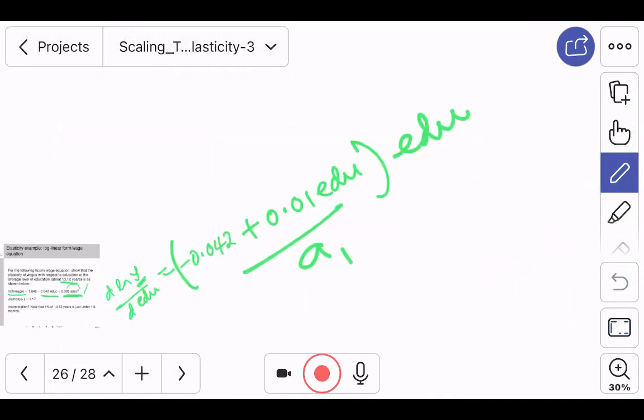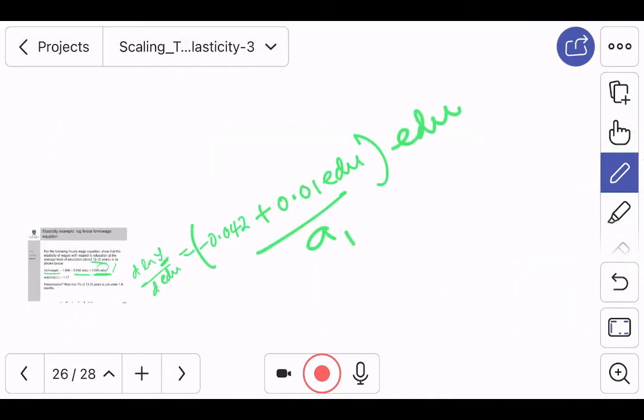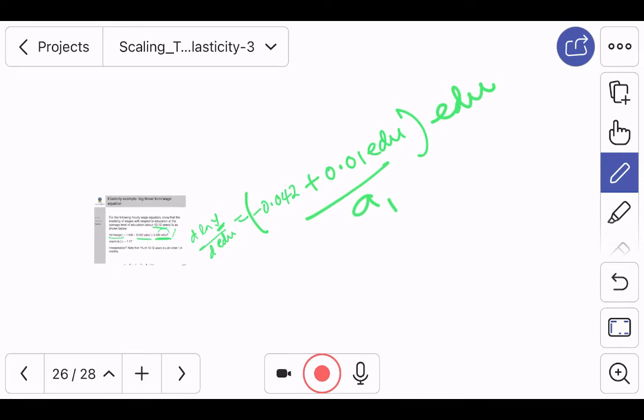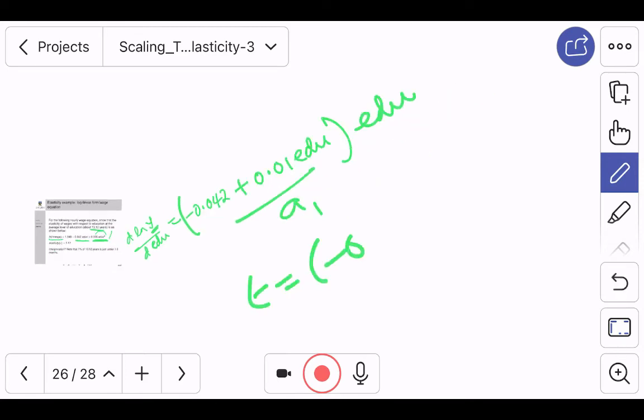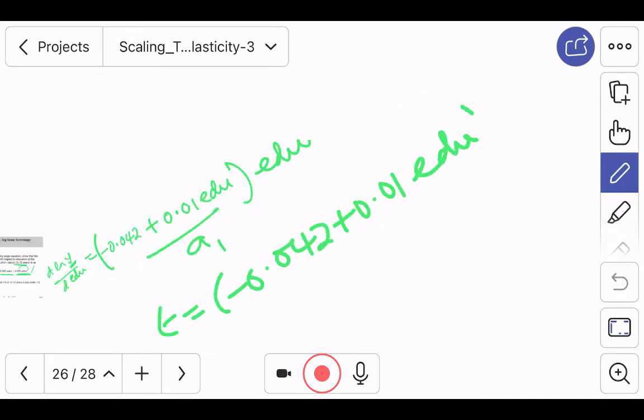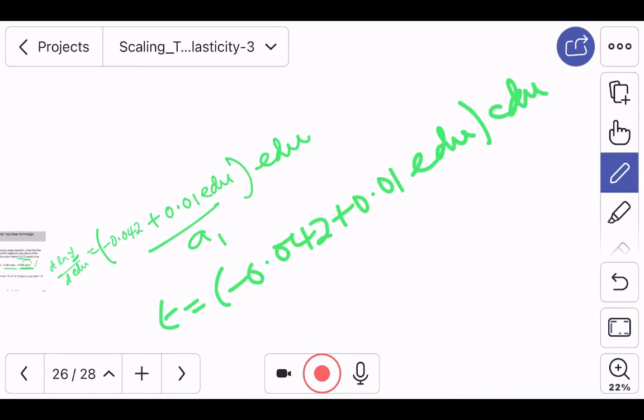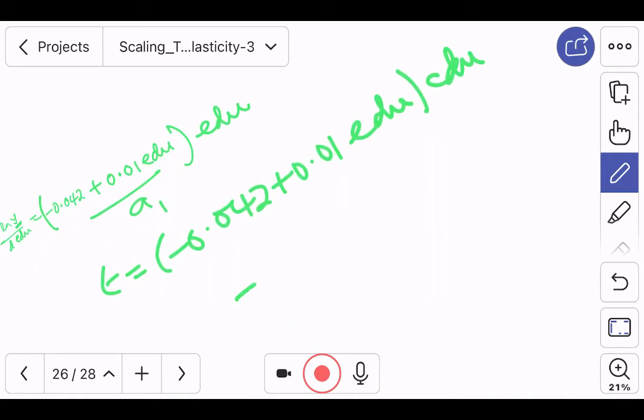So we go back to this one. So that's what we have. Elasticity is going to be minus 0.042 plus 0.01 education times education. So if we do that, we can find out that this is 1.17.